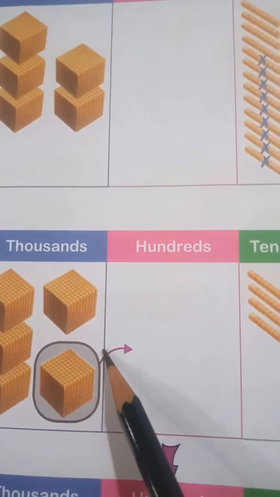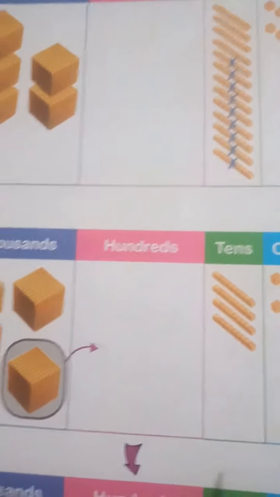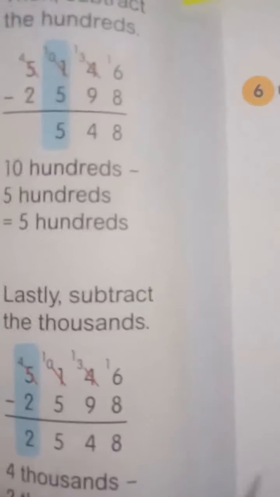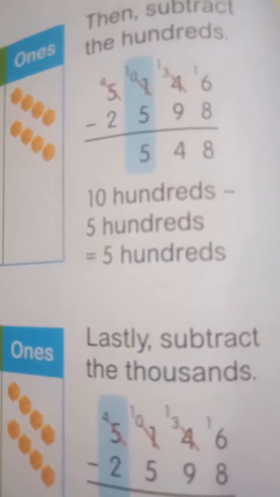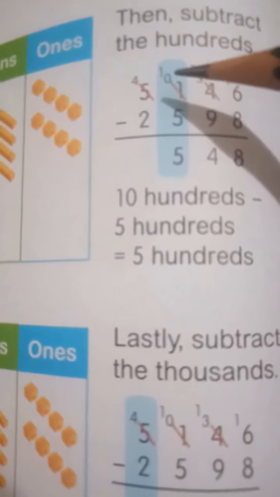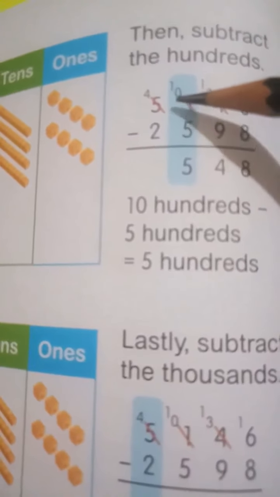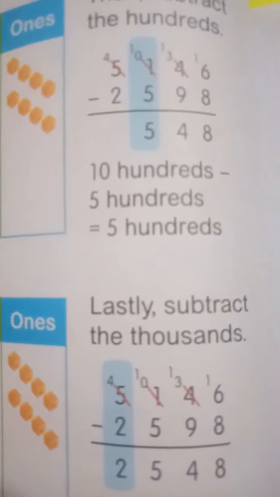As the result, zero hundreds becomes 10 hundreds. So we subtract 10 minus 5 equals 500.